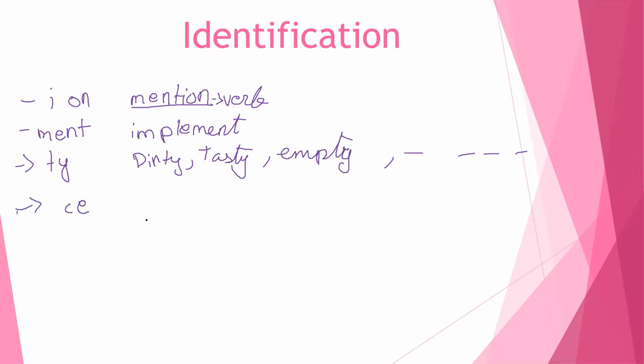But here is a condition. The condition is that there must be at least 6 letters in the word. If the word has 6 letters or more and ends with CE, then it is a noun.